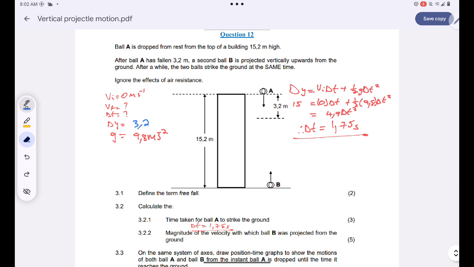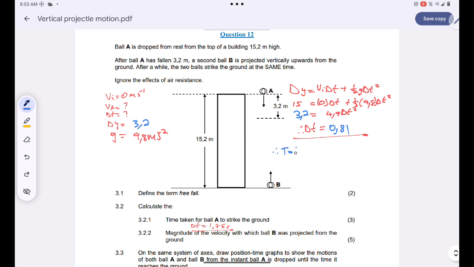So our change in time will be 0.81 seconds.